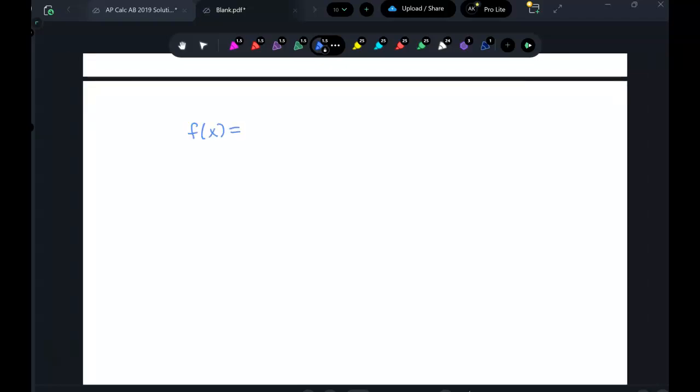Let's say F of x is equal to 2x plus 1 when x is less than 1. So let's say this was one of those where you have multiple options.